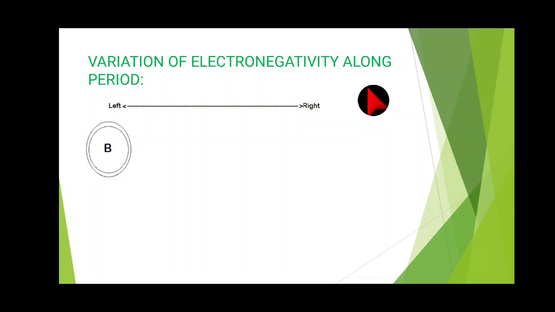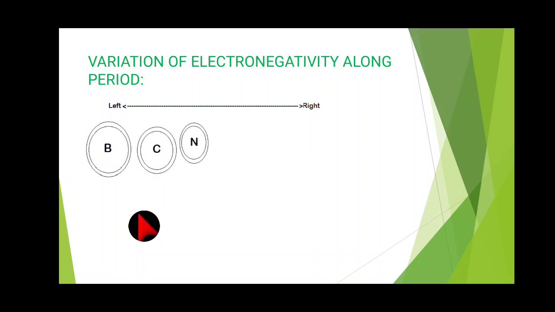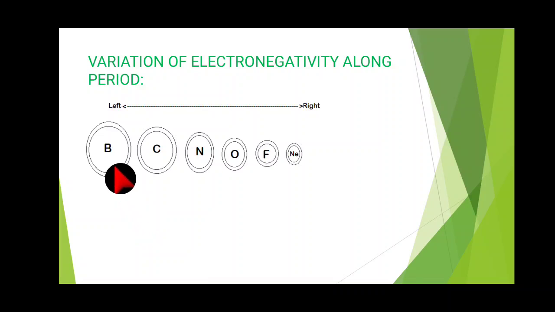I am going to explain with the p block elements: boron, then carbon, nitrogen, oxygen, fluorine, then neon. The atomic number of boron is 5, carbon 6, nitrogen 7, oxygen 8, fluorine 9, neon 10.